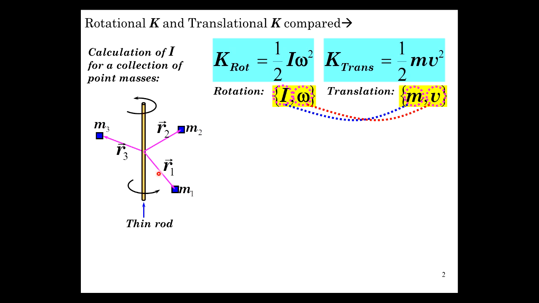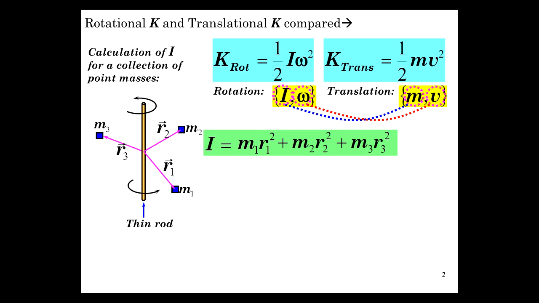At this point are the particular position vectors. They're all perpendicular to the rod, so they all lie in the same plane. All right. So to get the moment of inertia, we add the individual moments of inertia for each particle: M1 R1 squared plus M2 R2 squared plus M3 R3 squared. So there it is.